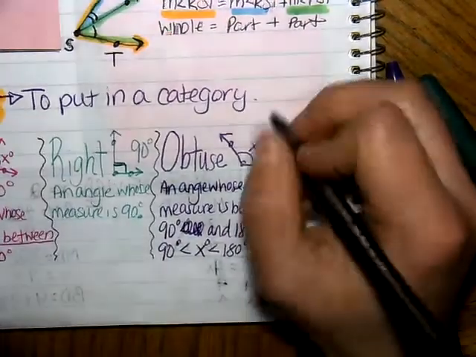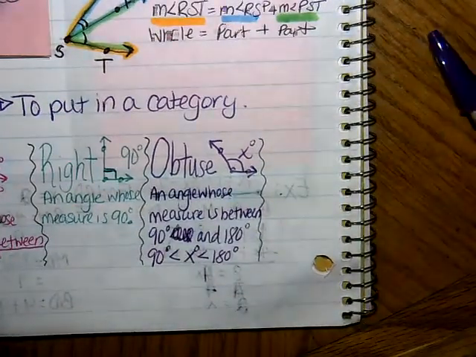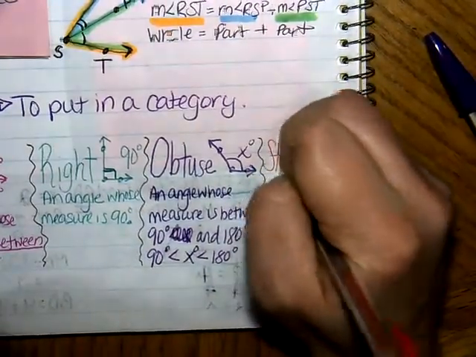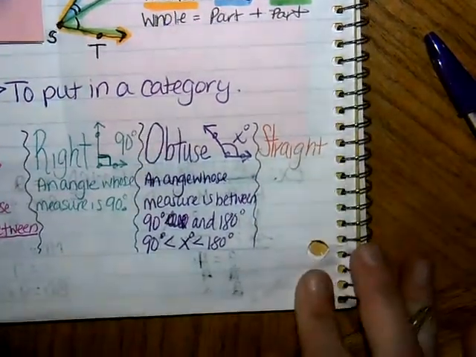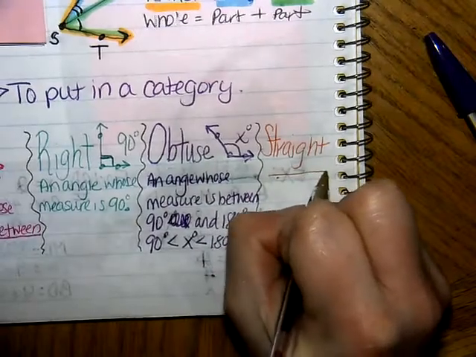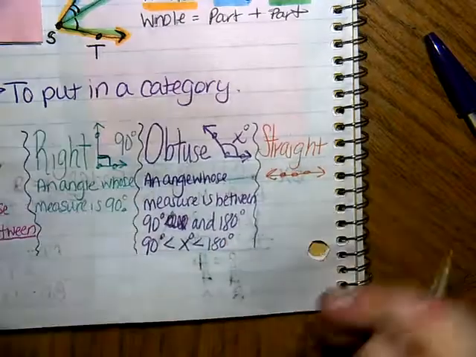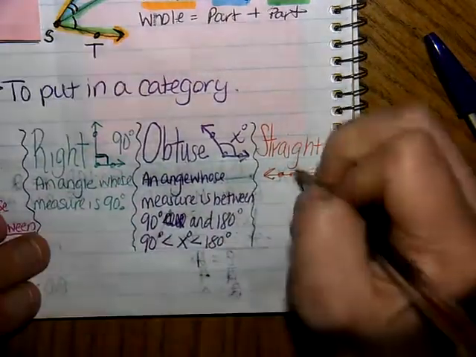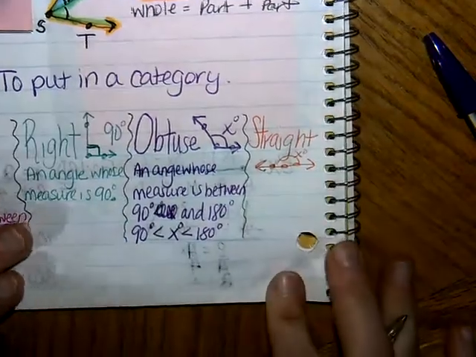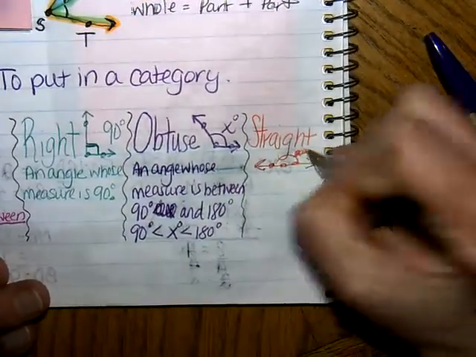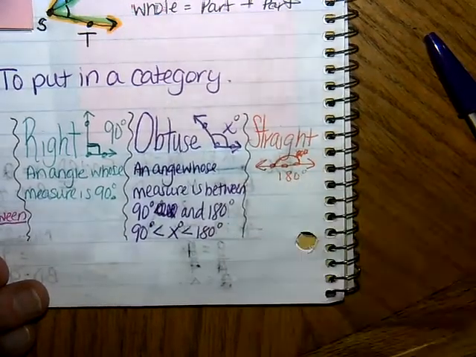The last type of angle that we have is called a straight angle. S-T-R-A-I-G-H-T, a straight angle. And a straight angle is a straight line with 3 points on it. We call it x degrees. It's going to be a straight angle, and it is 180 degrees.